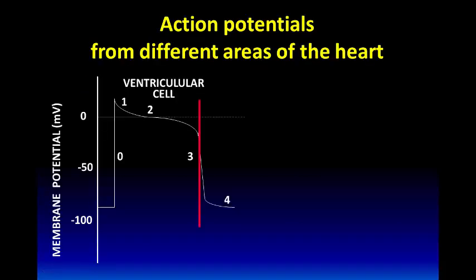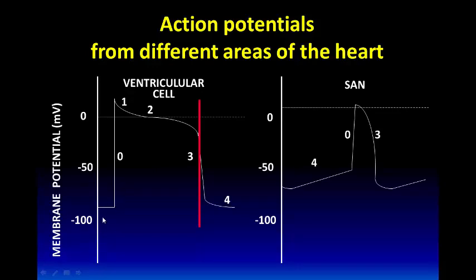So this is a fast action potential, a fast response action potential recorded from a ventricular myocyte when the myocyte is excited. It is called fast response action potential because this is the resting membrane potential.